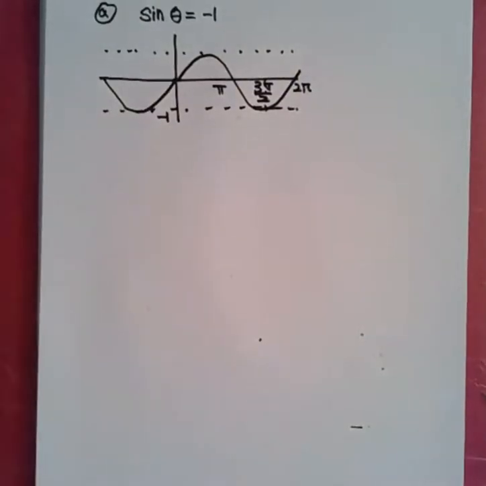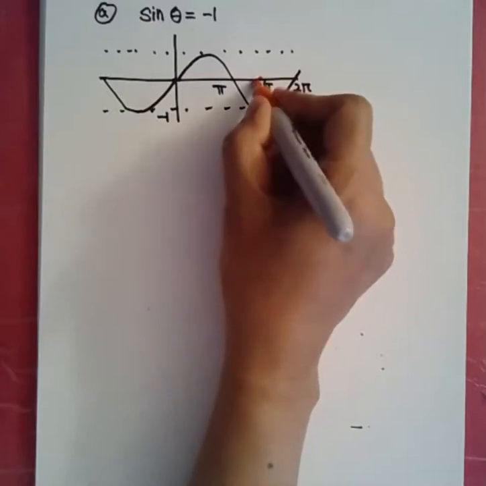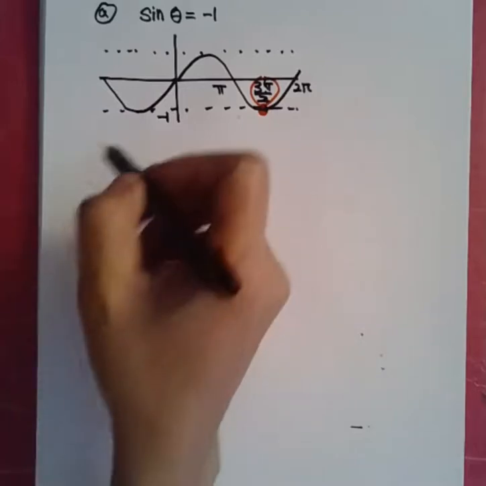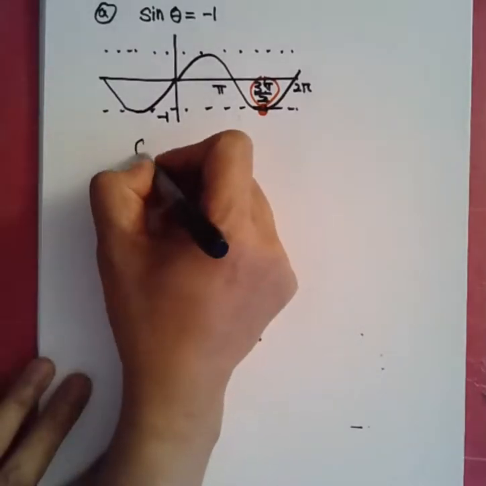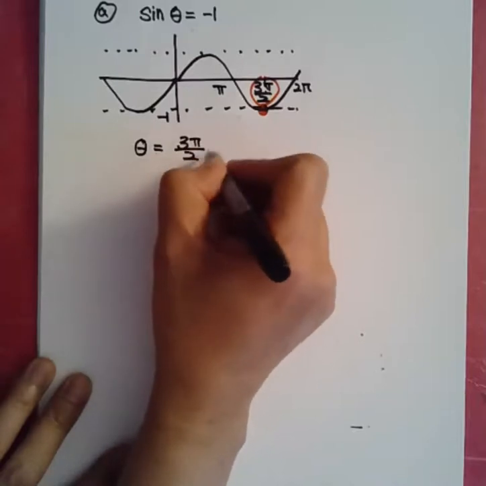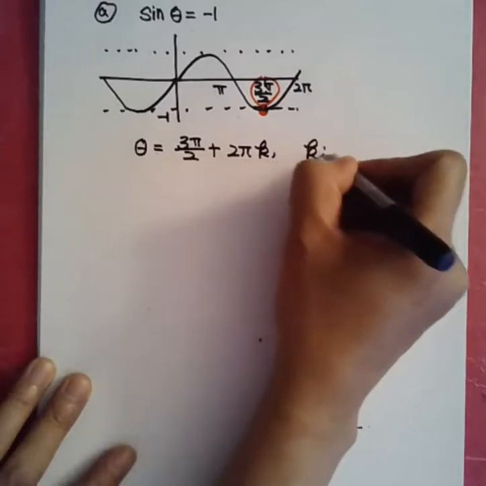So we have only one solution between 0 and 2 pi. So when we write the general solution, that'll be 3 pi over 2 plus 2 pi k, where k is an integer.